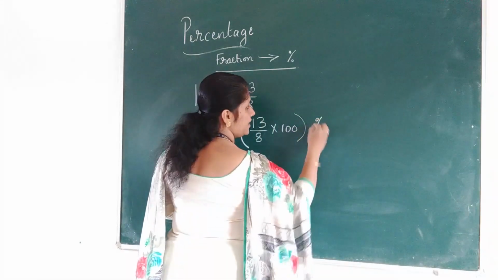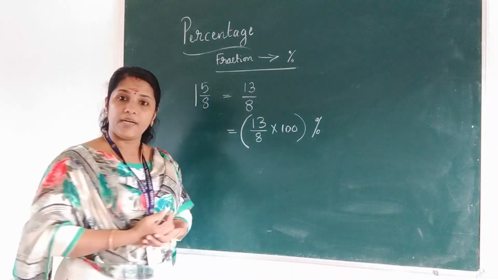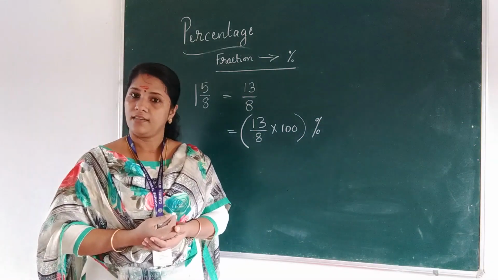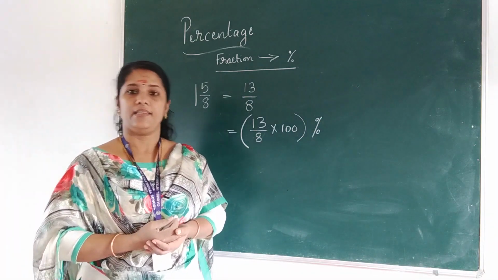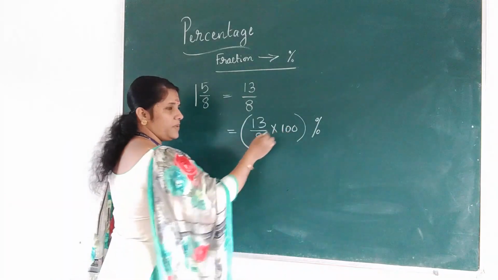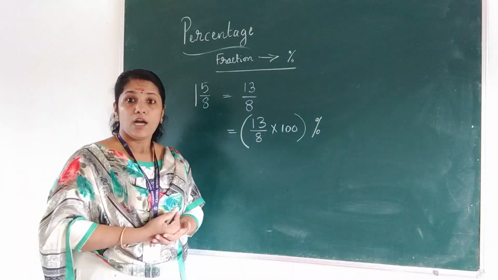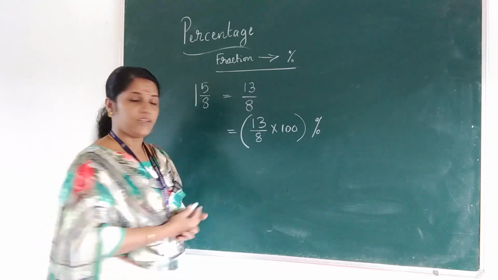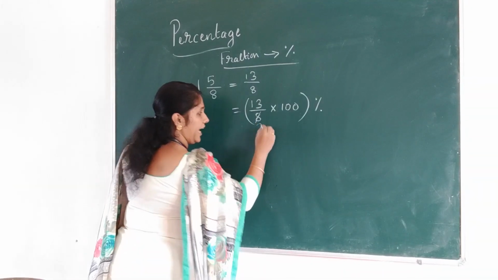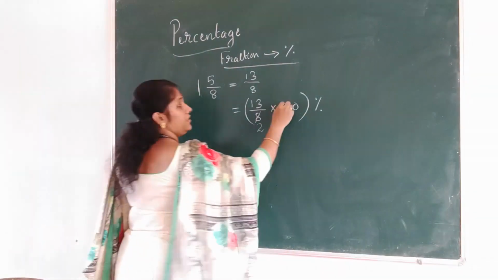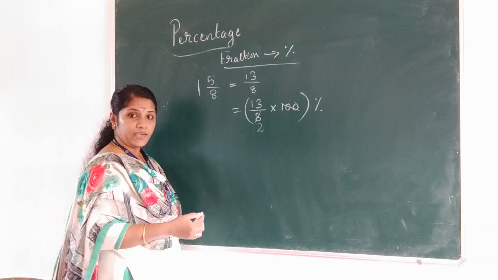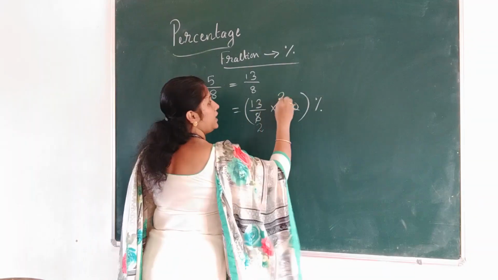Outside the bracket there will be one percentage sign. Clear? Then we can cancel between 8 and 100. 4 is the common factor. 8 becomes 2, and when you divide 100 by 4, it is 25.